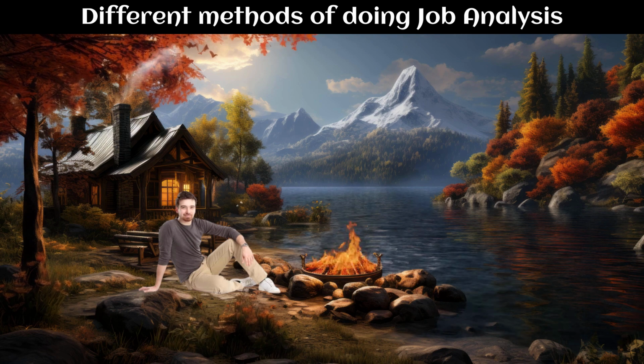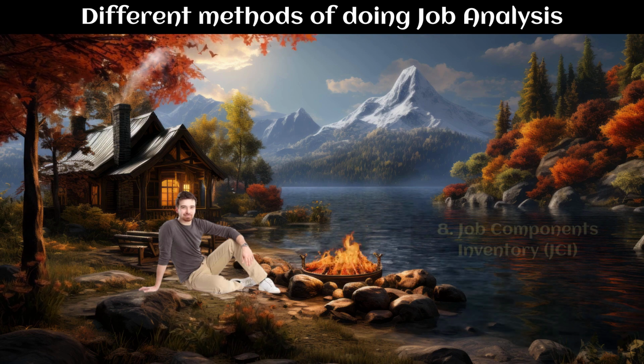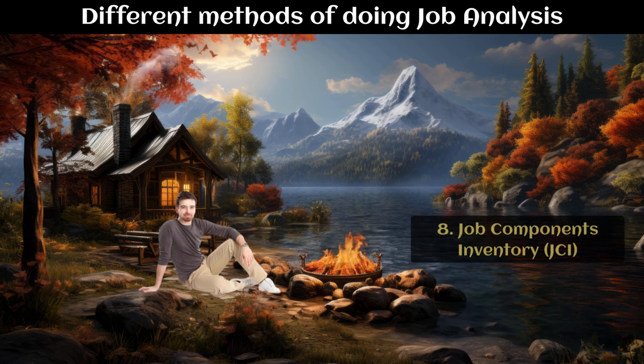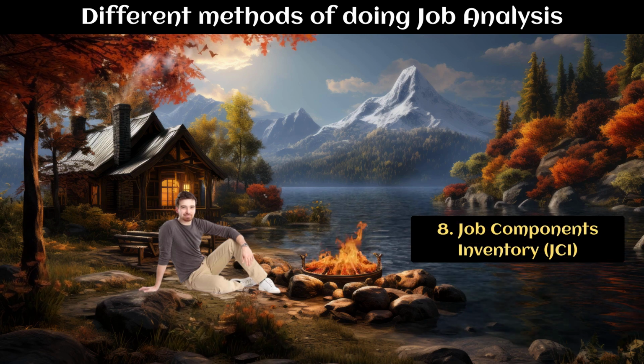The eighth method of job analysis is Job Components Inventory, also called JCI. Job Components Inventory is a method that focuses on collecting information about the worker's characteristics, behaviors, and other factors related to job performance.